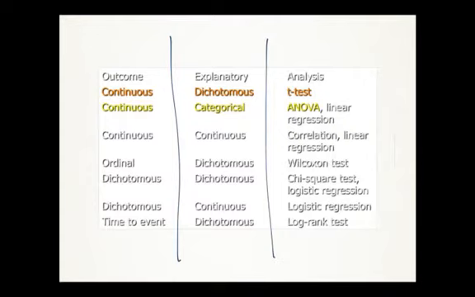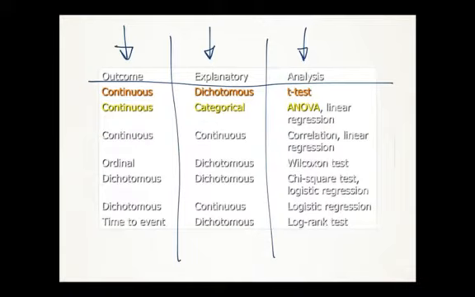So you want to think about the type of outcome variable you have first, then the type of explanatory variable that you have, and then once you know those two things, you can know what type of analysis you need to conduct.